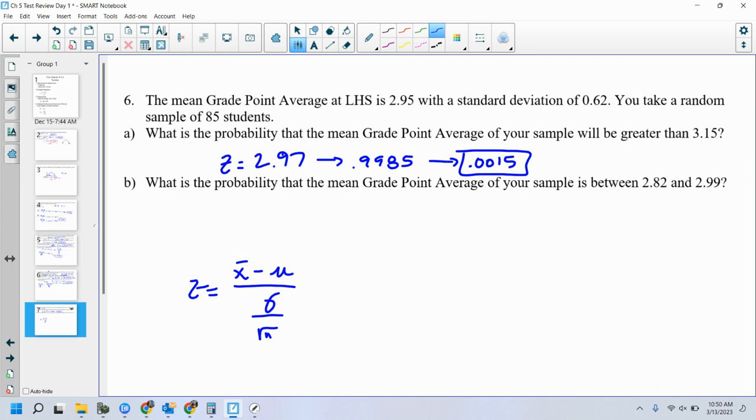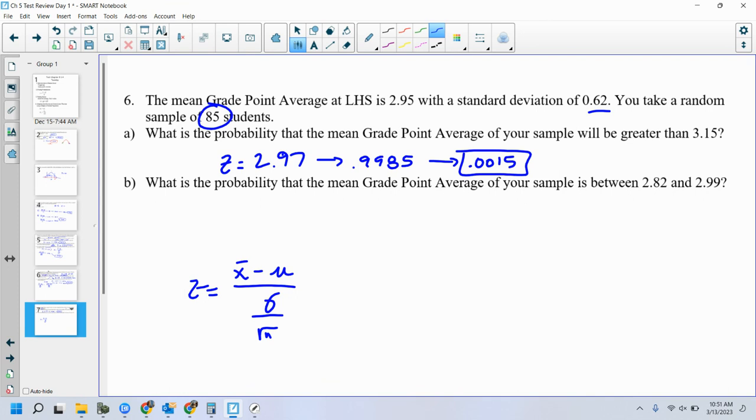That doesn't really make sense, because it's only 0.2 away, right? But the problem is the standard deviation is so low, and because my sample is so big. The bigger my sample gets, the closer the mean that I get from my sample should be to the true mean, right?